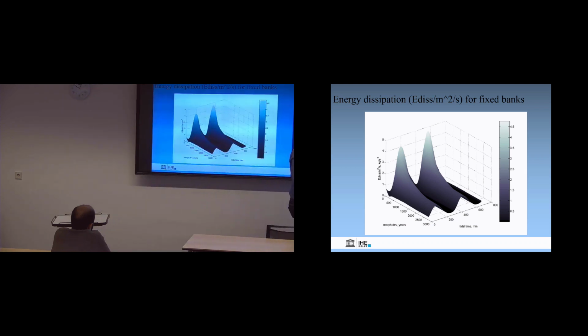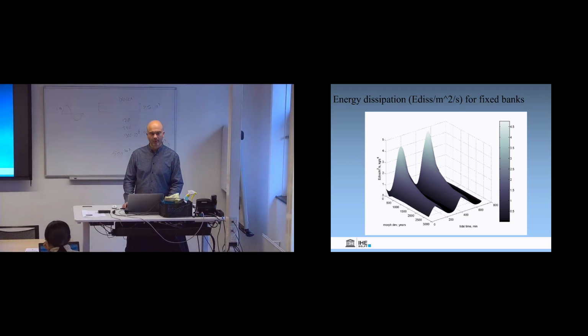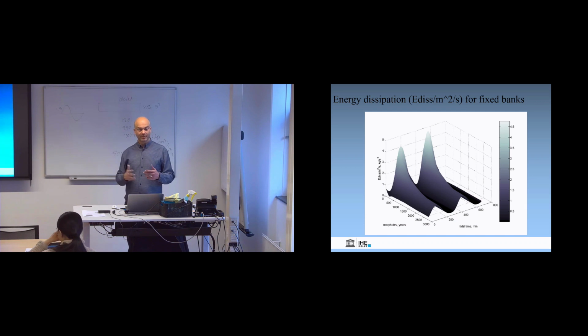I have a question. We're not considering the dissipation of the waves? Waves are not included here. Only the tidal wave. So you're right, if you look at an estuary, you see all of it. This is only tidal movement and sediment.